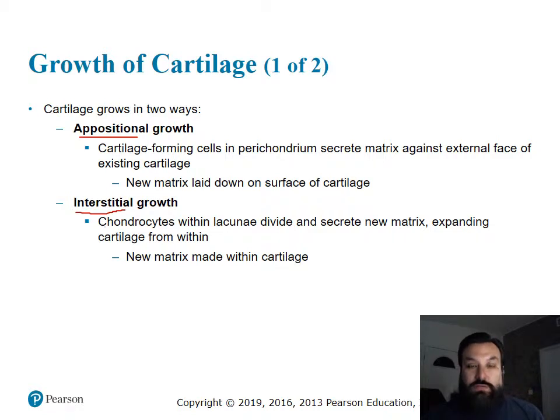We call that cell the chondrocyte, and those chondrocytes, the cells within cartilage, divide and secrete new matrix, and they expand the cartilage from within. So you see two types of synthesis of cartilage, one from the perichondrium, and the other from chondrocytes internally in the cartilage. So we see these two different cells creating cartilage and adding that cartilage to cause growth.